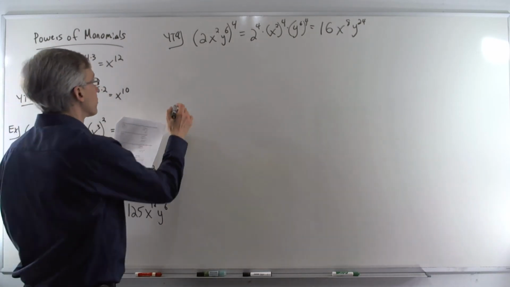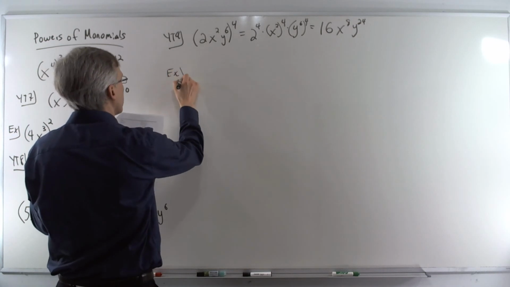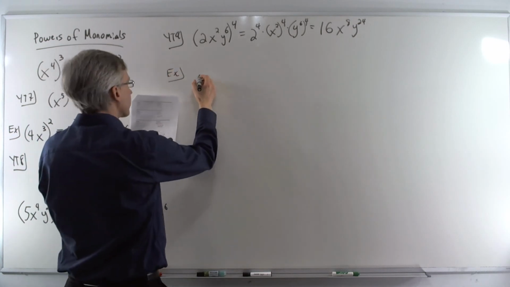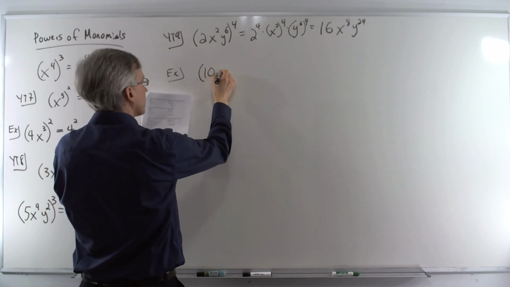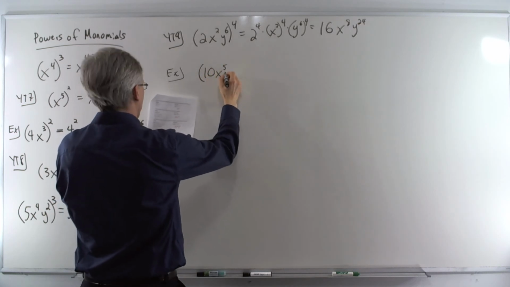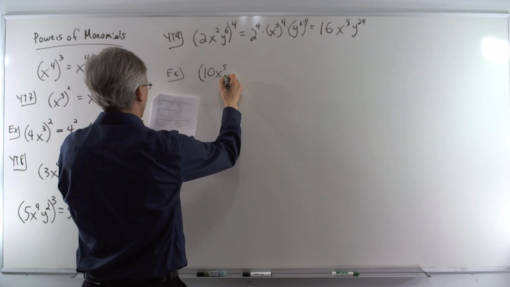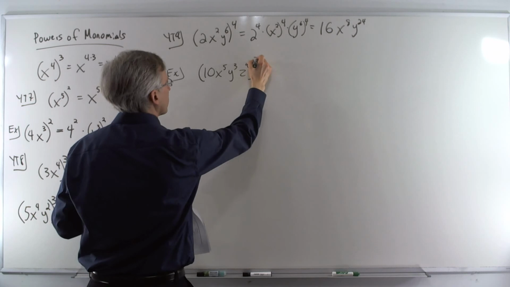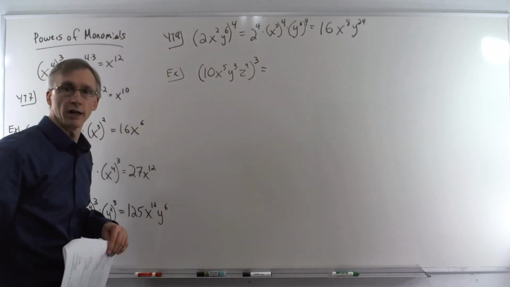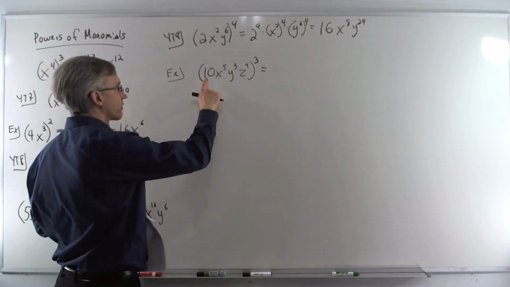All right, now let's do the one with a coefficient and 3 variables. It's about as big as they get in this class. All right, now we got 4 things inside the parentheses. We have a coefficient.